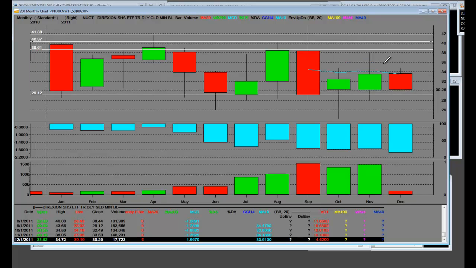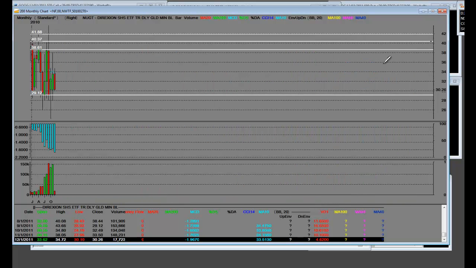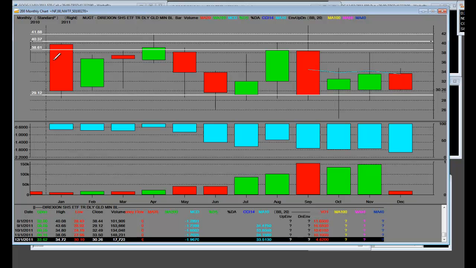Now, it's a miners, but look, this is all the data that we have on this monthly level on this chart. And there are the resistance levels right here. Once again, NUGT. What is it? GLD miners. That's what it is. Keep an eye on it.